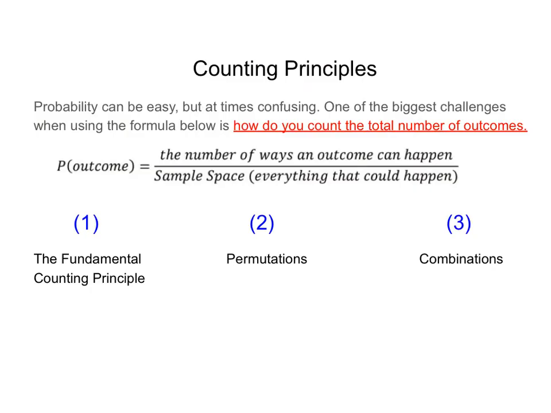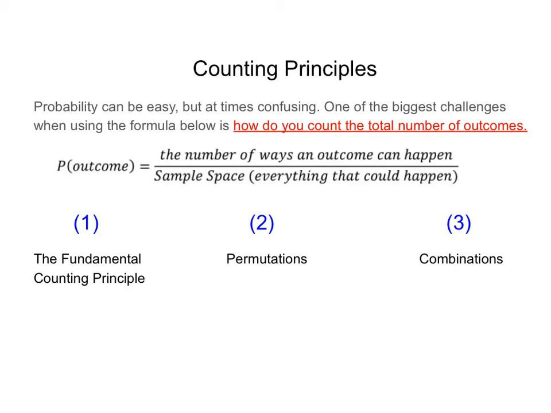Okay, so with counting principles, we have a couple different ways that we can count and use probability. Probability is easy sometimes, but it's also confusing, where you have to make sure that you're thinking of all the outcomes, and a simple problem can get very difficult.